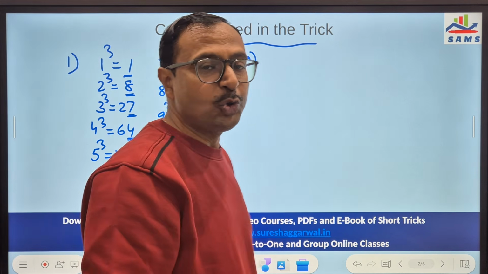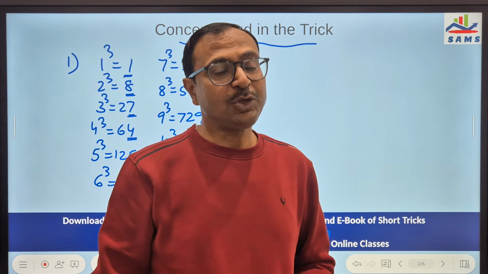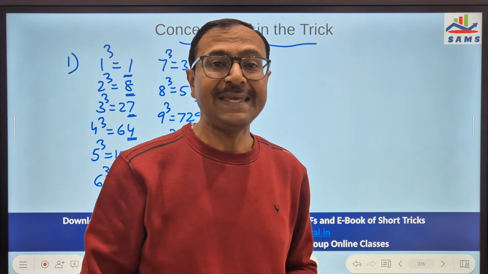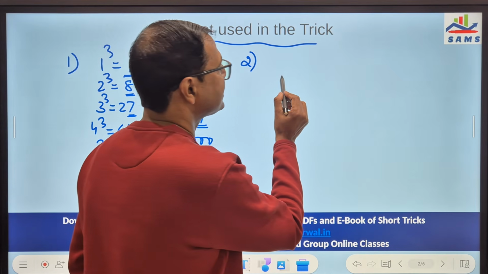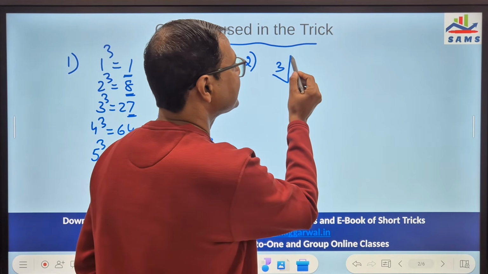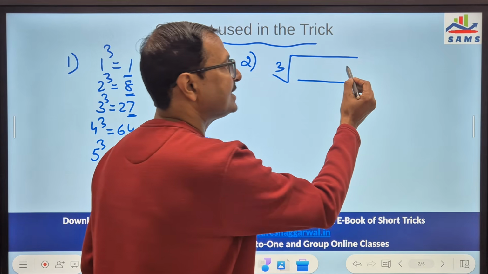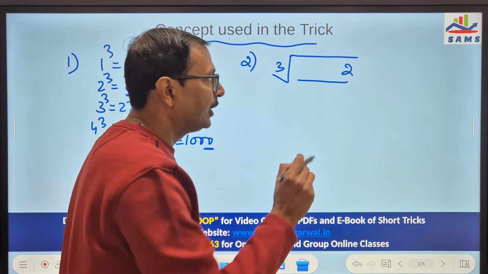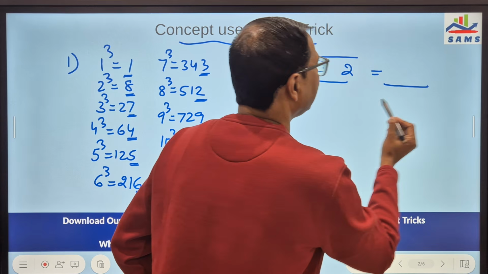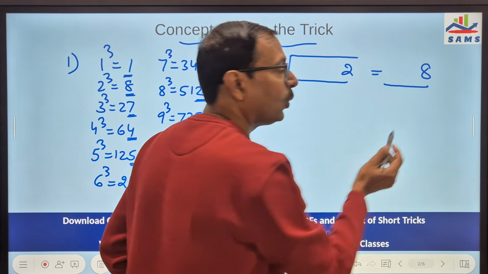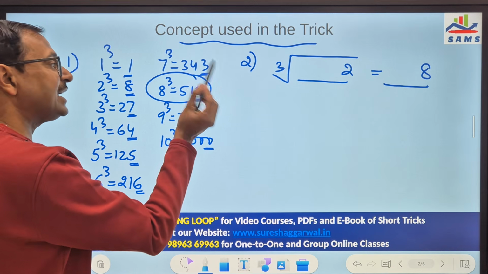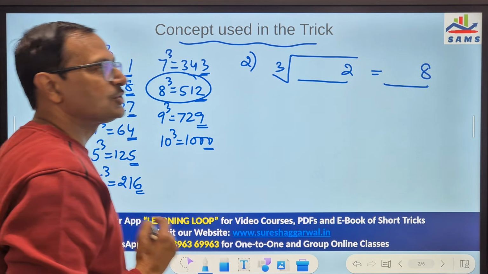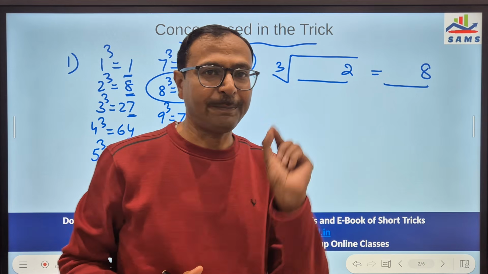So when you cube a single digit number, the unit digit of that cube is unique. So if I ask you that there is a cube root of some big number that ends in 2, you should know that your answer is going to end in 8. Why so? Because 8 cube is 512, which ends in 2. So this is one of the very important competencies.